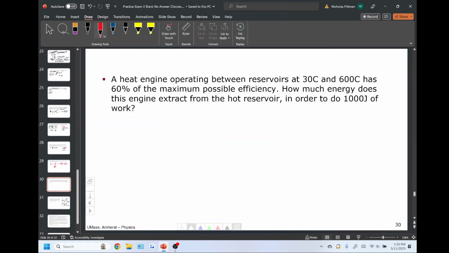And speaking of that, here is exactly the same sort of deal, where you are told the efficiency of your heat engine indirectly as being 60% of the perfect efficiency. So the perfect efficiency would be 1 minus T cold over T hot. Again, need to convert to Kelvin.